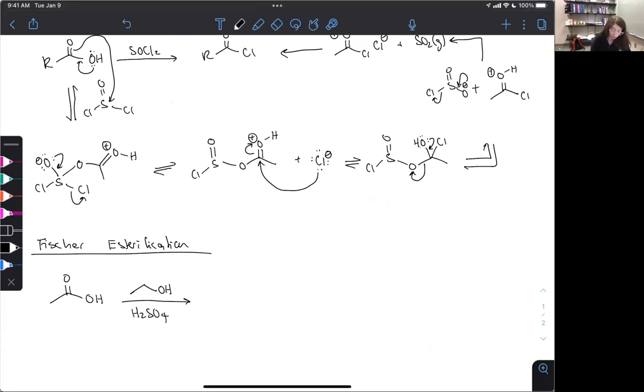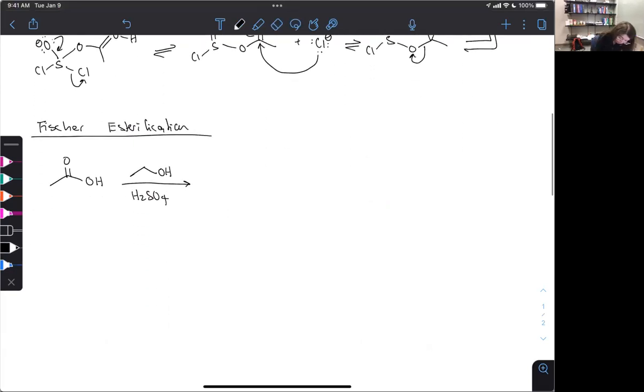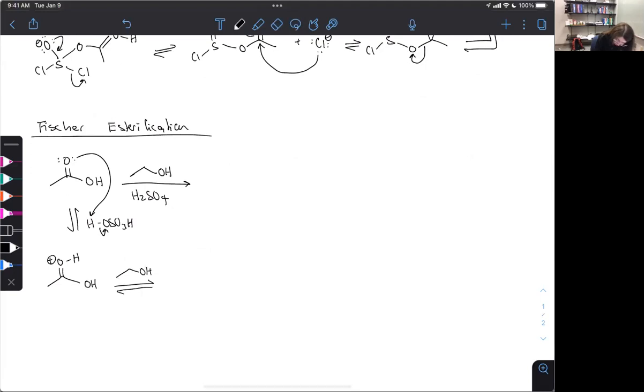The first thing that we should do is to protonate that carbonyl. That's going to make a really nice, strong electrophile for us to use with our weak nucleophile alcohol. That can attack that carbonyl, move electrons up.